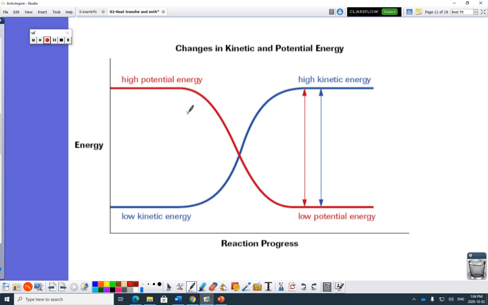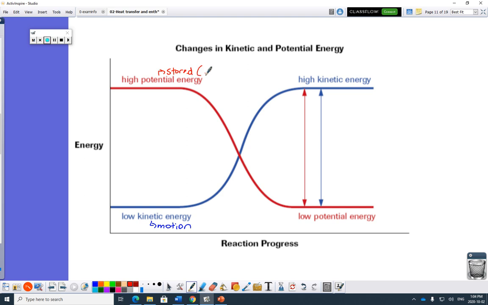Eventually when we get to 5.3, we are also going to relate potential energy and kinetic energy again. Kinetic energy is the energy of motion. Potential energy is stored, like in bonds.